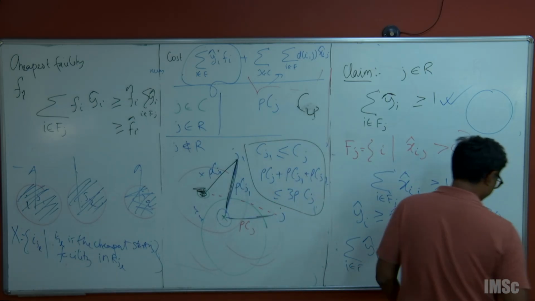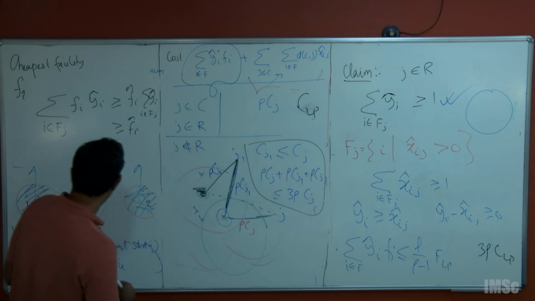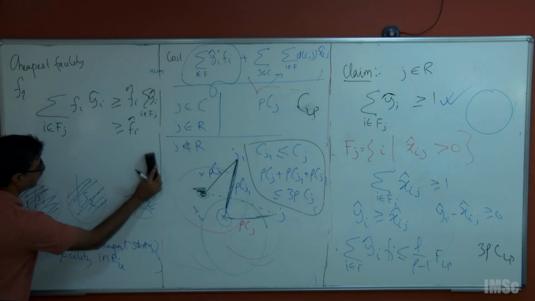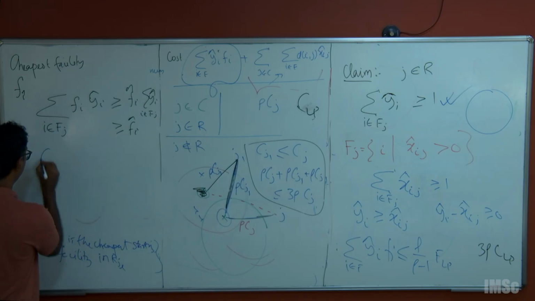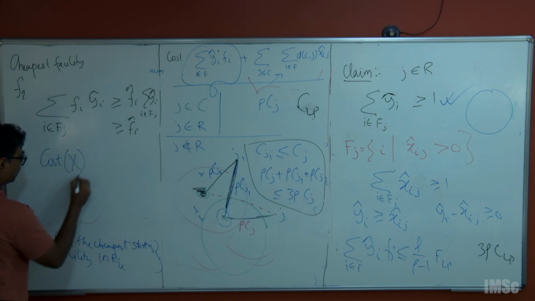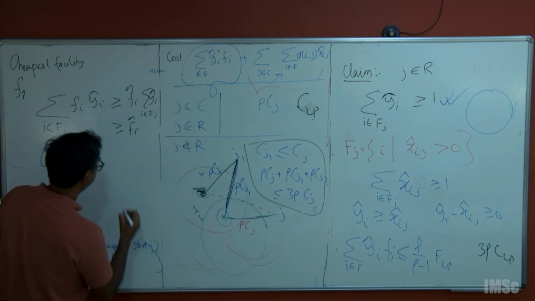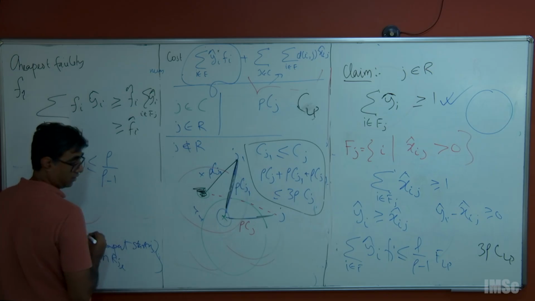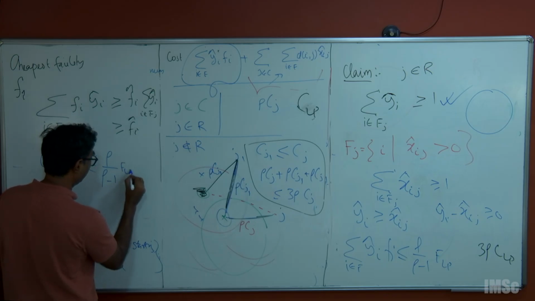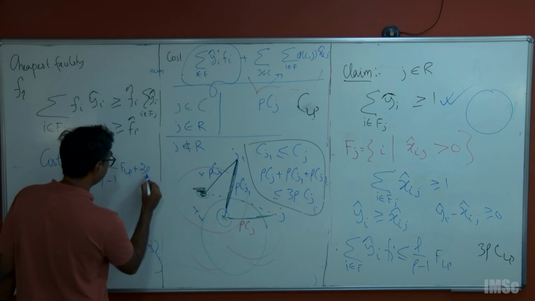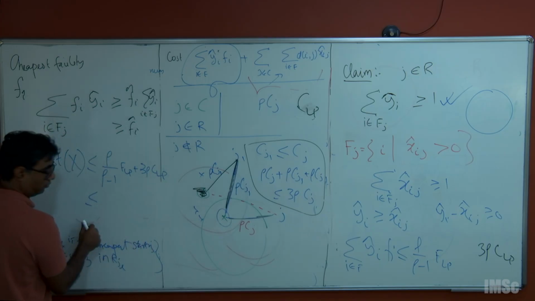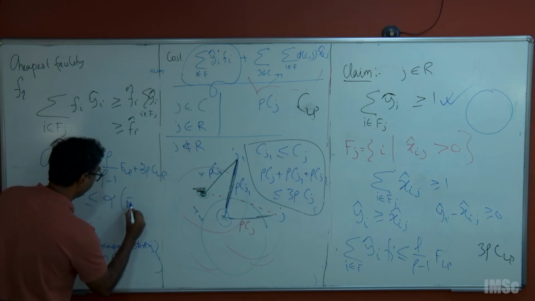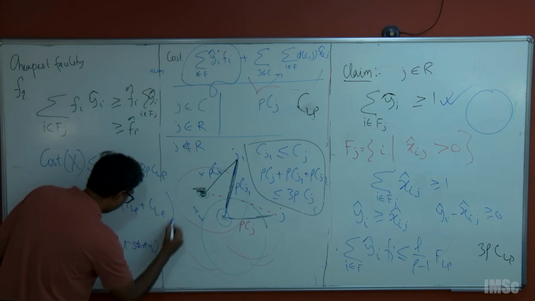So the total amount of payment in my new solution, cost of x, is less than or equal to rho by rho minus 1 times FLP plus 3 rho times CLP, and I have to show this is less than or equal to some alpha times FLP plus CLP.